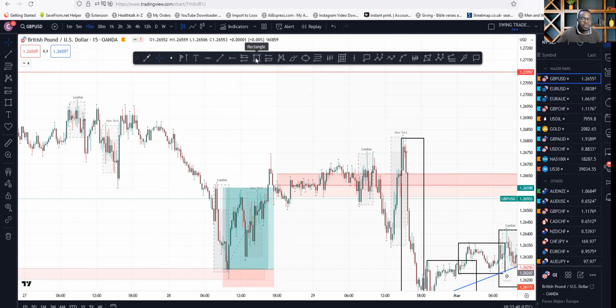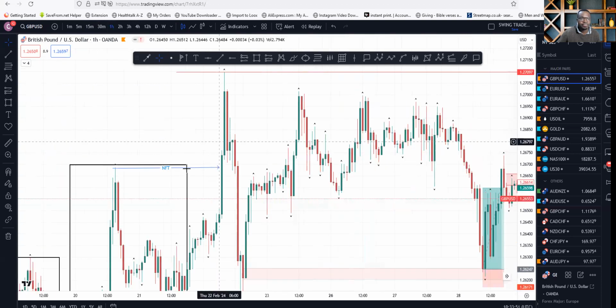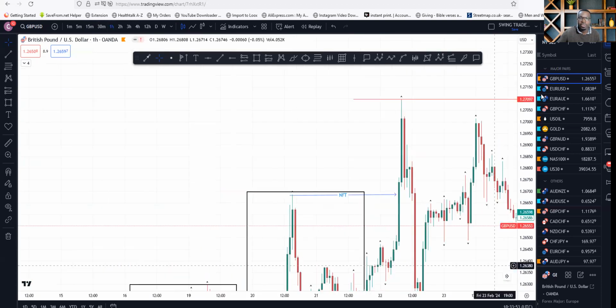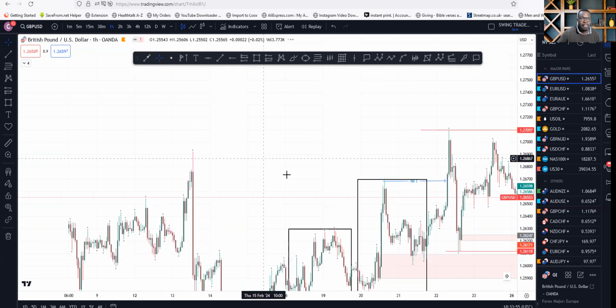So we decided to come down to the lower time frame and target this beautiful zone here. Now, I would like to show you what the zone was like so that you understand the trade.